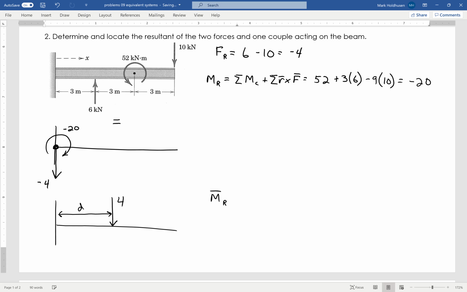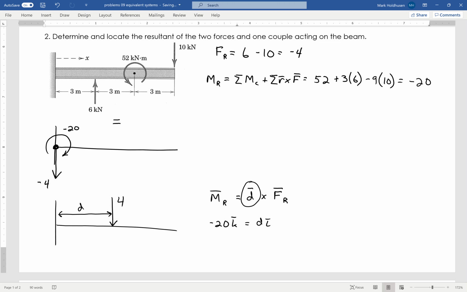So what I do is I have my resultant moment that I've calculated. I want my D crossed with my resultant force. So essentially what I have here is I'm trying to solve for D, right? So I have -20 in the K direction. Okay, D is unknown, but I know it's in the X direction, so I'll say D in the I direction.